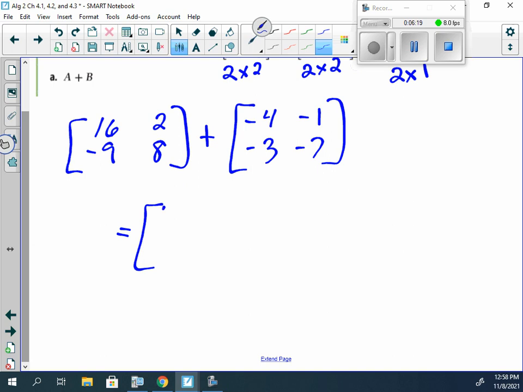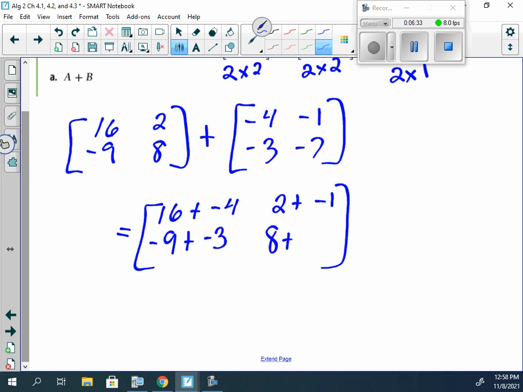So here we're going to take 6 and add -4. Then we'll have 2 plus -1, -9 plus -3, and 8 plus -7, because we're adding the corresponding numbers.